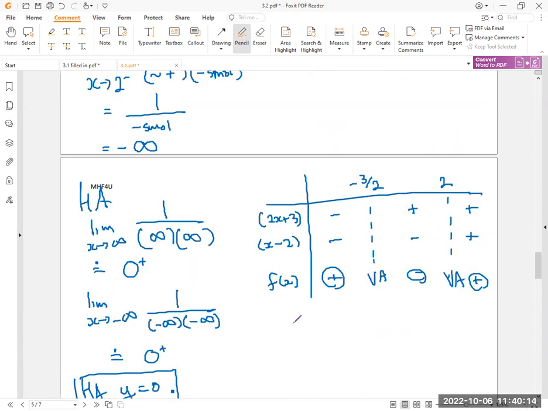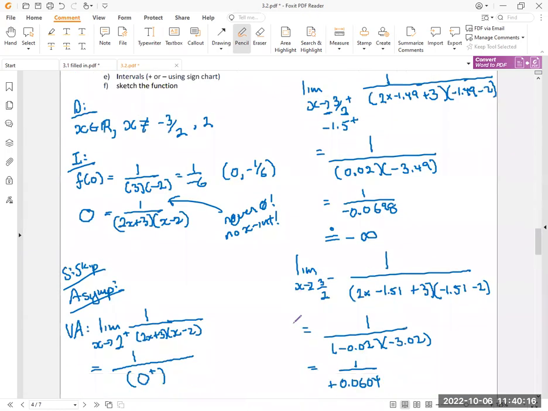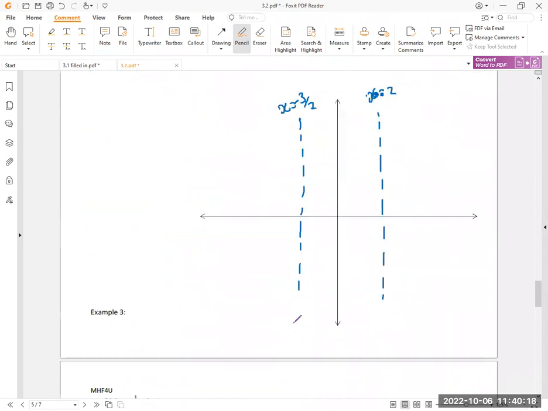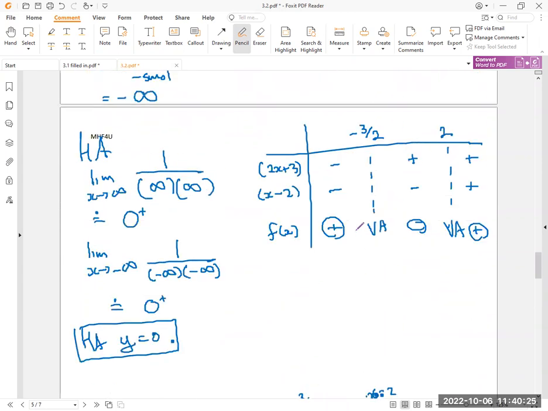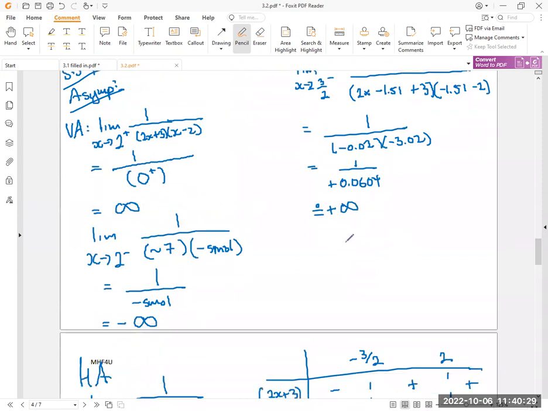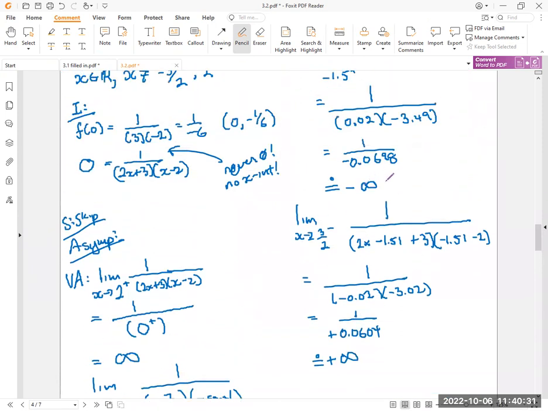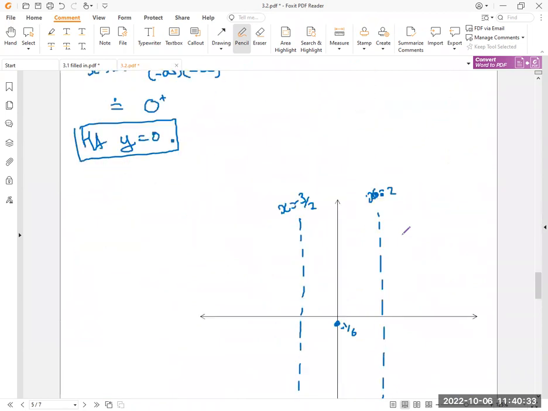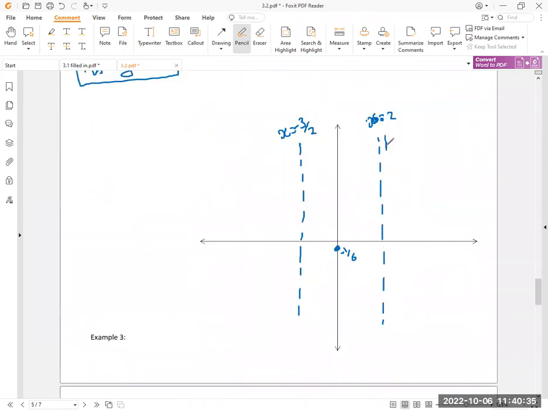My y-intercept was negative 1 over 6. That's under a 1, right there. My vertical asymptote says from right, infinity, negative infinity, infinity, negative infinity. So it's going to be here and here.